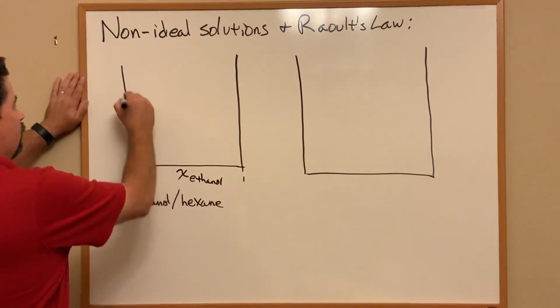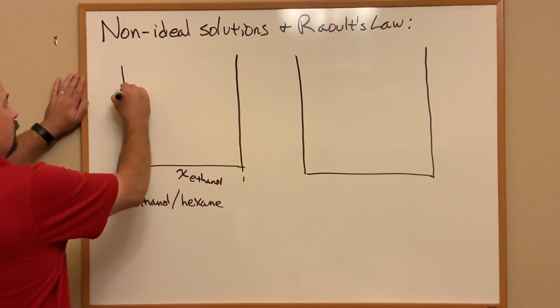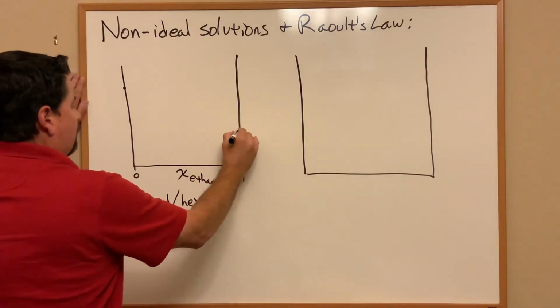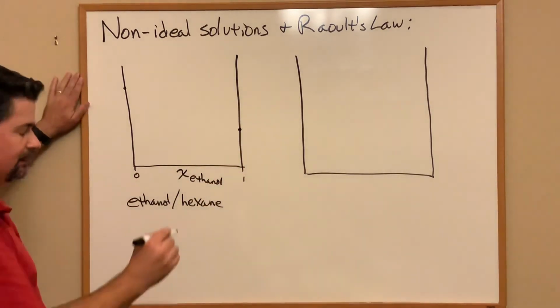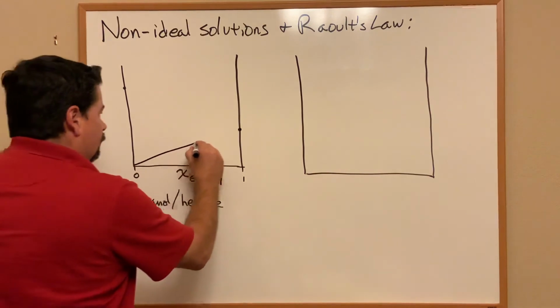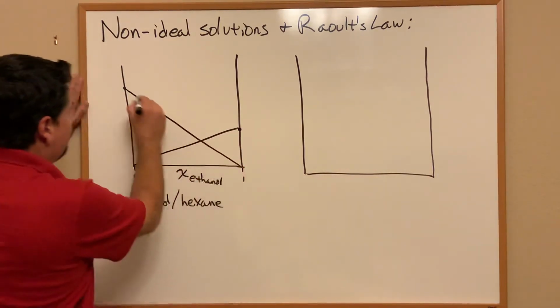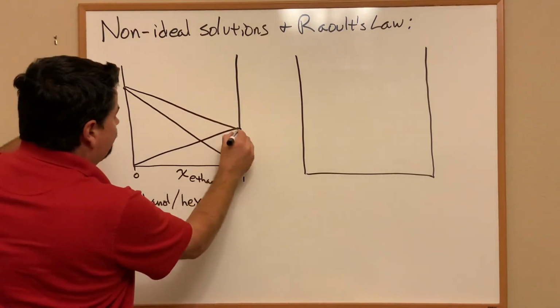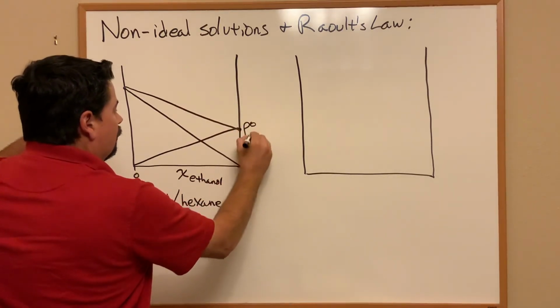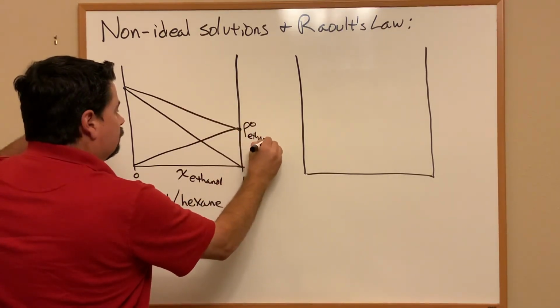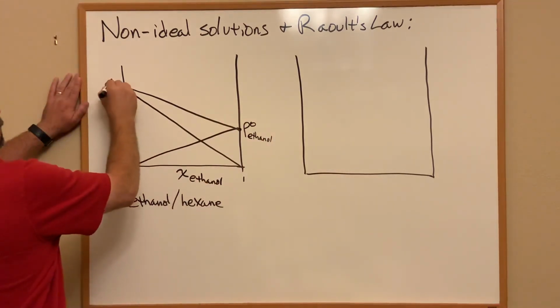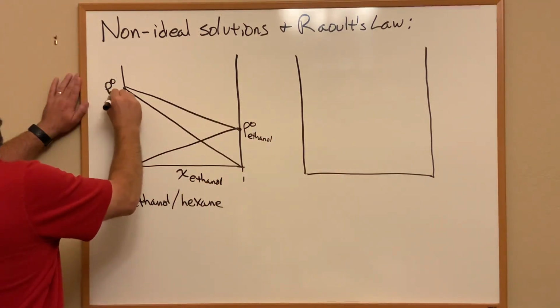And so we'd have our expected curve would look something like this, like we saw last time. So P naught ethanol, and here's P naught hexane.